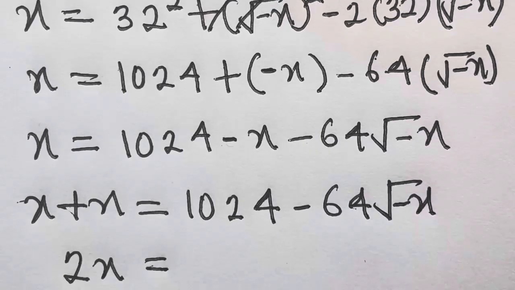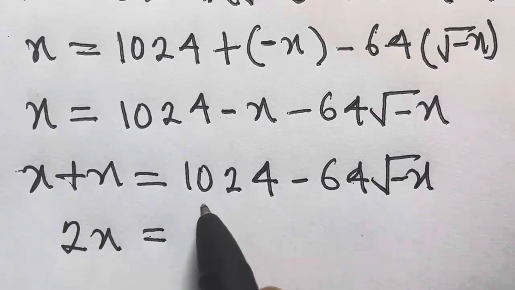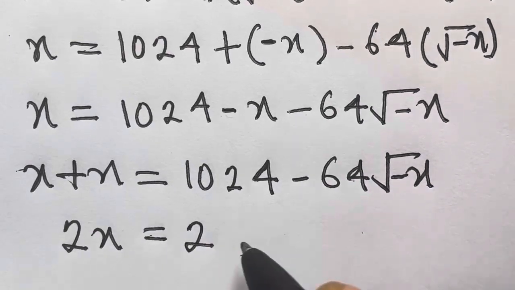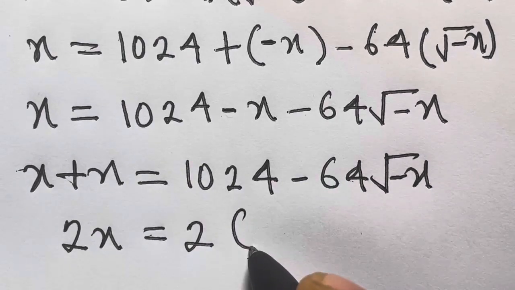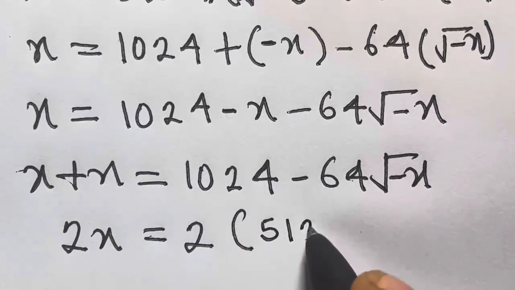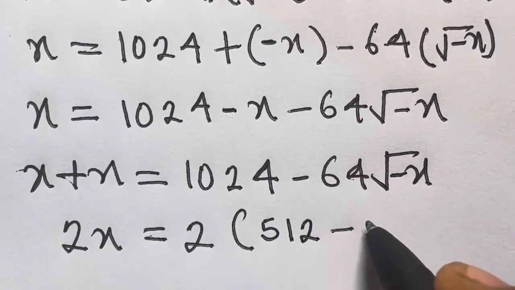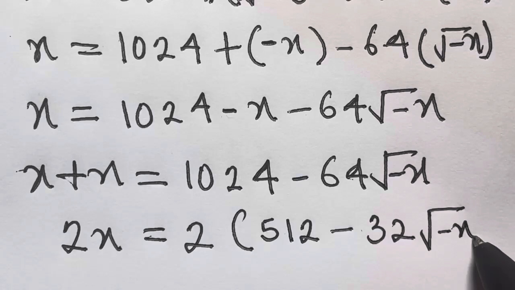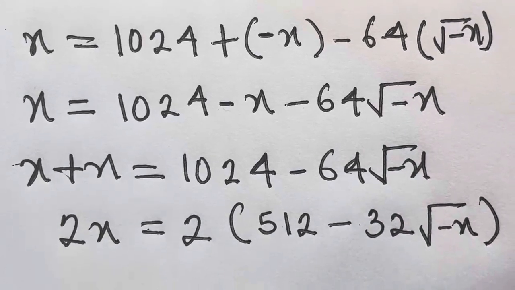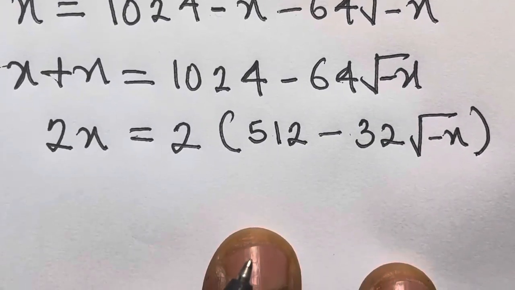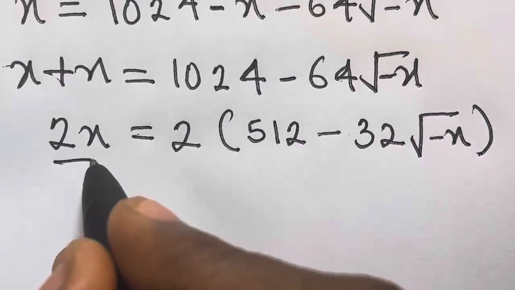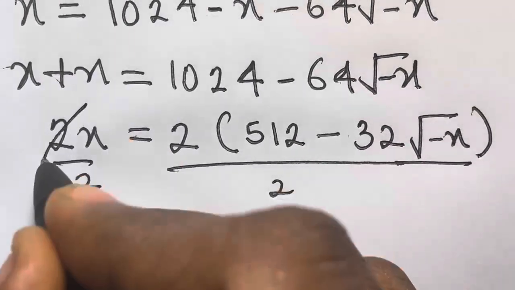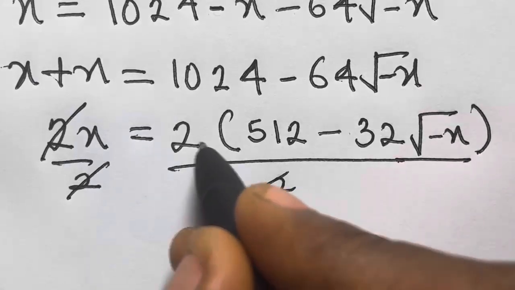So from here you will observe that we have a common factor here, and that is 2. So if we factorize 2 out, we have 2 multiplied by 512 minus 32 square root of minus x. So from here we divide both sides by 2, right? So we know this will cancel this and this will cancel this.